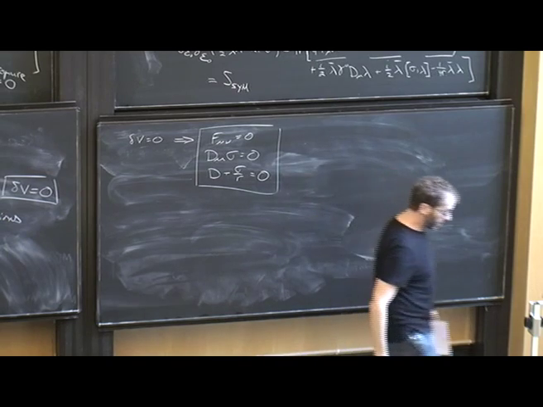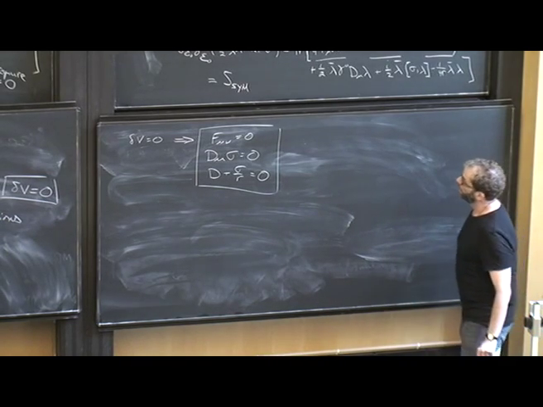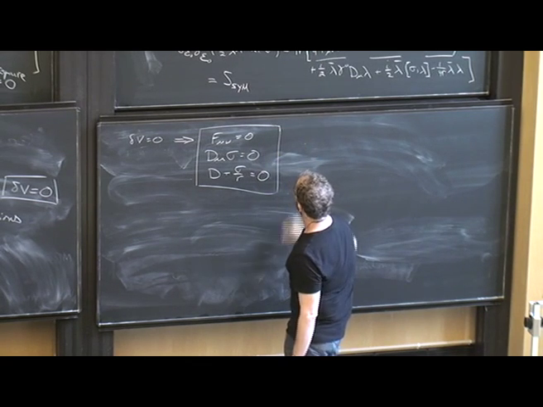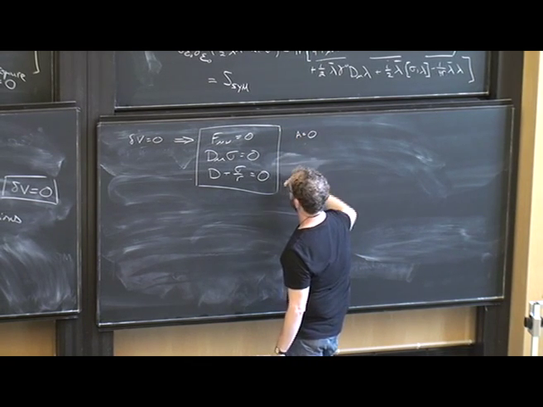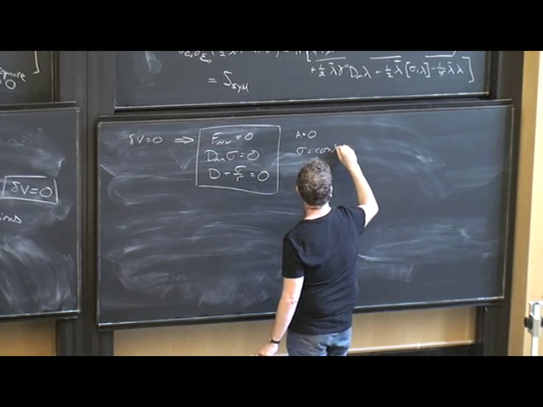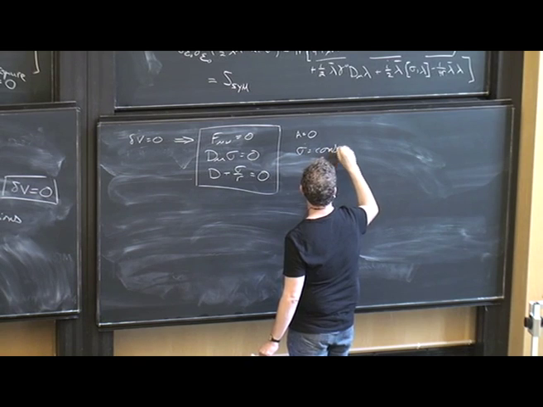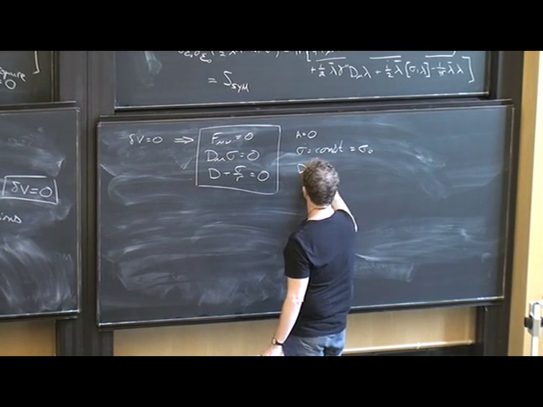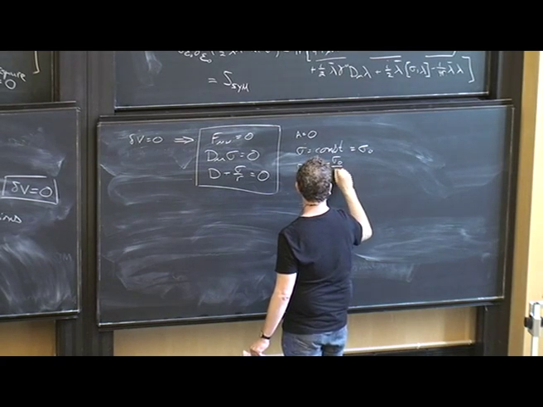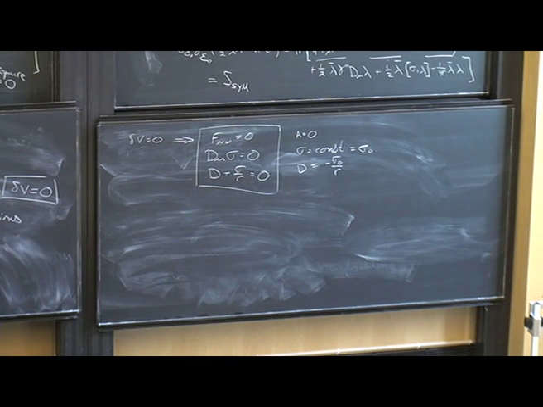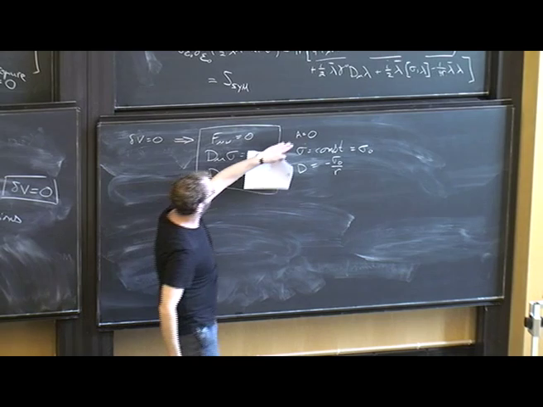So we need flat connections on S3. There are none. So A is equal to 0. Sigma is equal to a constant, which we will call sigma naught, and D is equal to minus sigma naught over R. So the gauge field is turned off.